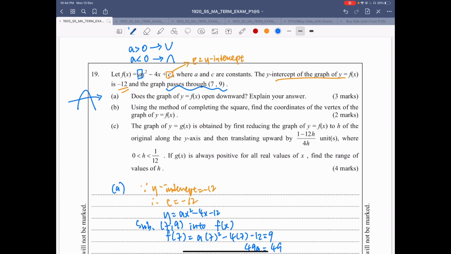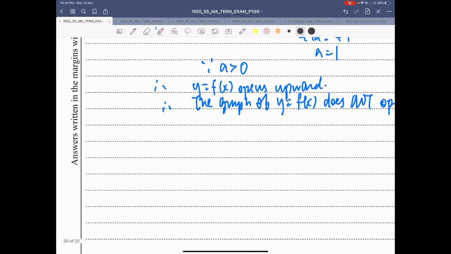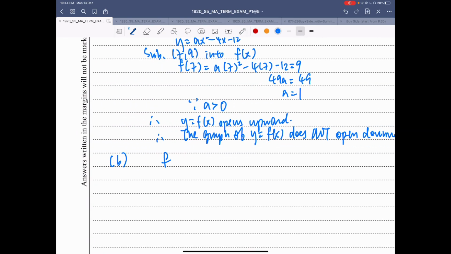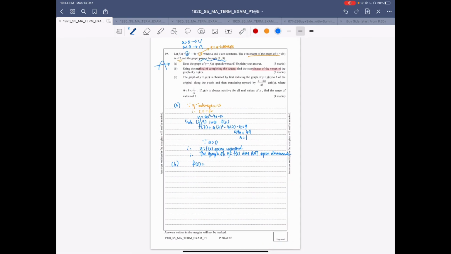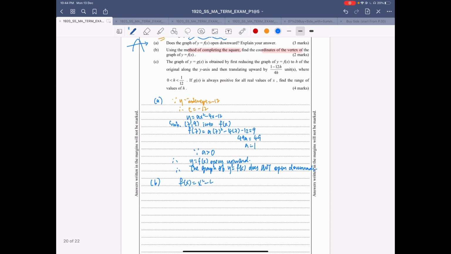For part B, you need to use the method of completing the square to find the coordinates of the vertex of the graph. This is a very typical question that must appear in Section B, completing the square. So do you still remember how to do completing the square? We first use back the function f(x) equals x squared minus 4x minus 12.